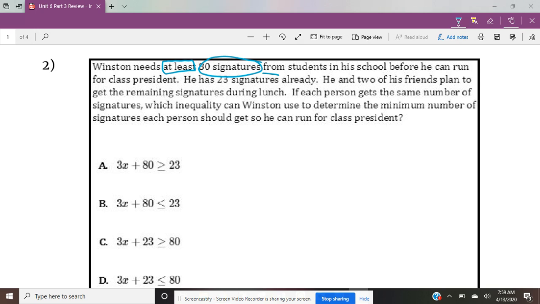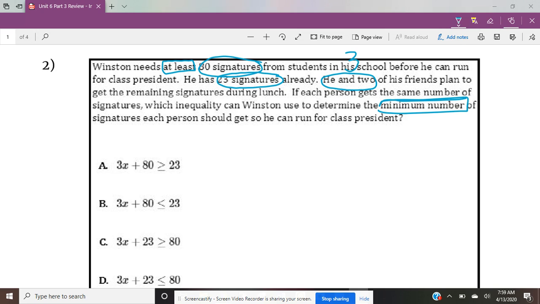He has 23 signatures already. He and 2 friends, that is actually important, so I'm going to circle this, and then I'm going to write a number 3, okay? He and 2 friends plan to get the remaining signatures during lunch. If each person gets the same number of signatures, which inequality can be used to determine, again, minimum?